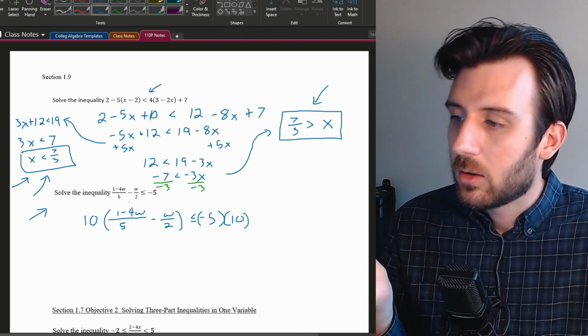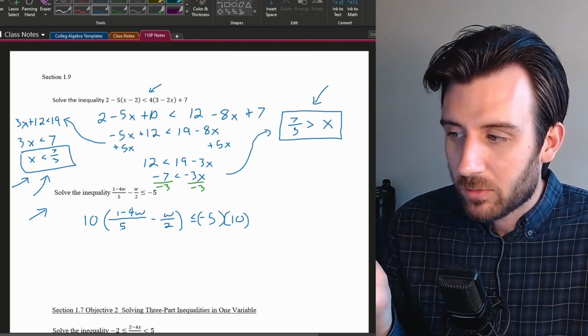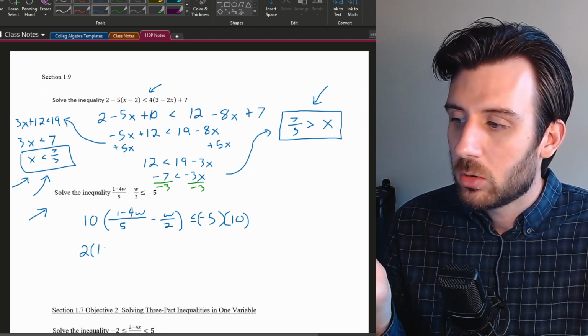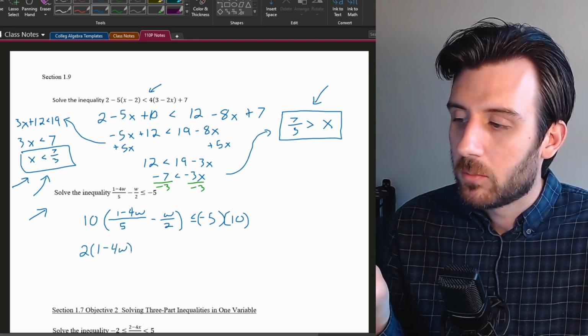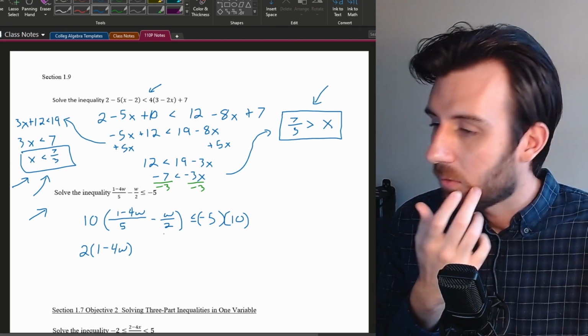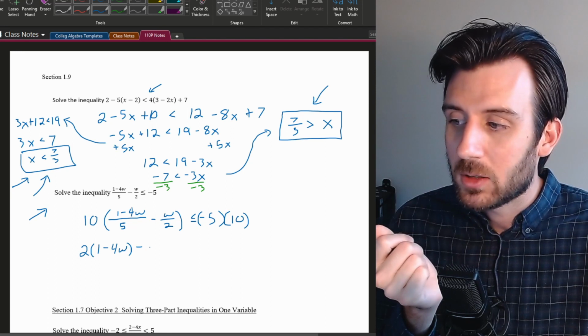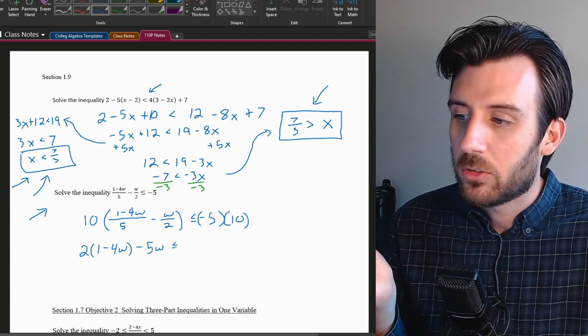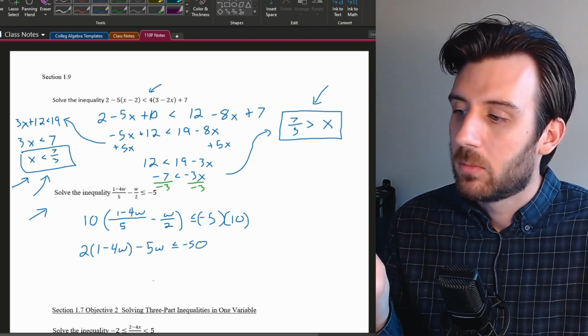Okay, 10 times something and then divided into 5 parts would be 2 each of those parts. So 2 times (1 minus 4w). And then 10 w's that are divided into halves would be 5 that would be in each of those parts. So that'd be 5w, less than or equal to negative 50.